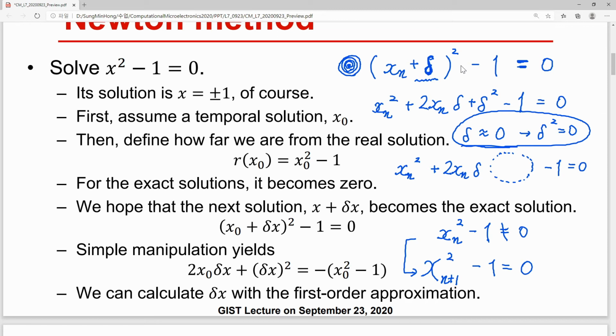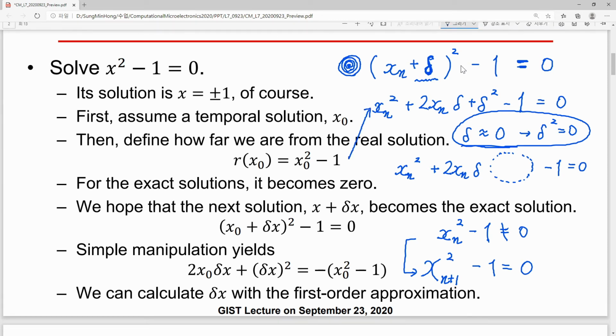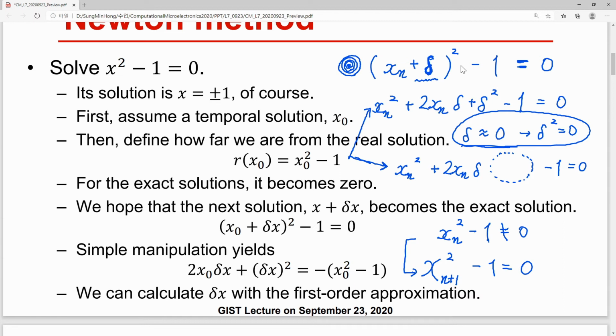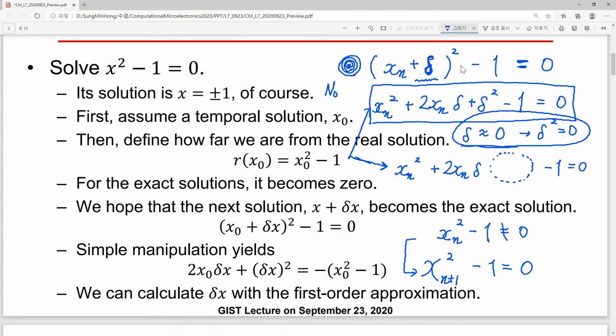When we make a comparison between this original form and this linearly approximated form, the change seems to be trivial. But the point is, this one is nonlinear.